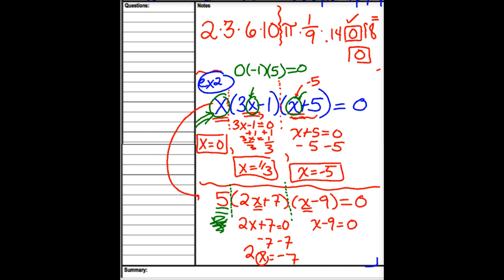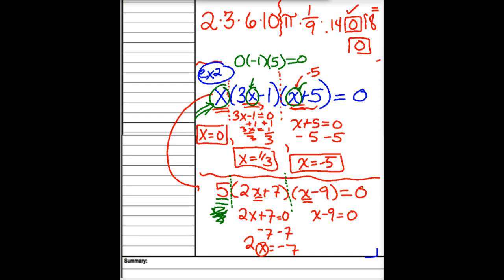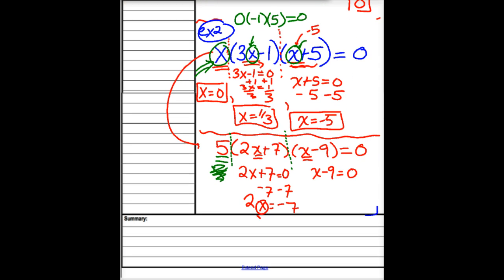To undo multiplication, I divide by 2, and I'll get x is equal to -7 halves. That's one solution. My other solution is the opposite of -9 is adding 9, and I can easily see that 9 minus 9 is 0, so that one doesn't really require work. And I have 2 solutions.